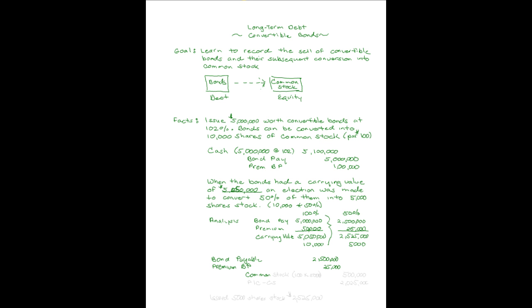This could get a little tricky, so follow me. The common stock we're going to issue has a $100 par value, and it said we're going to issue 5,000 shares, so do the math. Par value of the stock we issue is going to be $500,000. What would we put the remaining credit into?